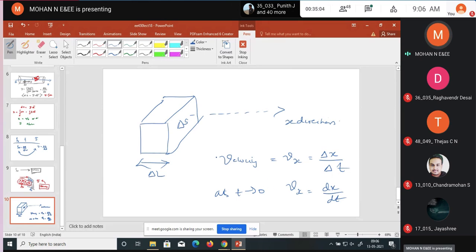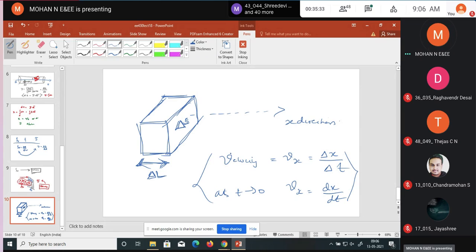This is the velocity associated with this small volume element, which has some charges inside it, taking a small area, and the length is delta L along the x-axis.